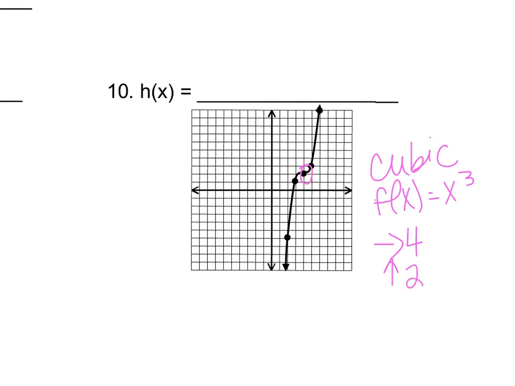Notice your points are going right 1, up 1, so that is your original parent function. And also notice it's increasing from left to right, which means there's no reflection. So you should have x, you're going right, so minus 4, cubed. Don't forget your cubed. We don't want squared, it's not quadratic. And then plus 2.